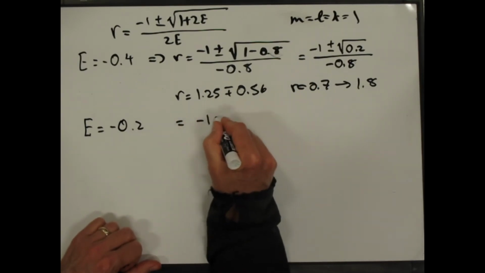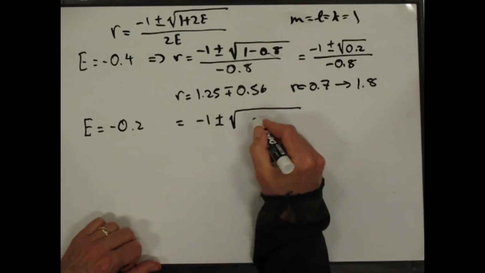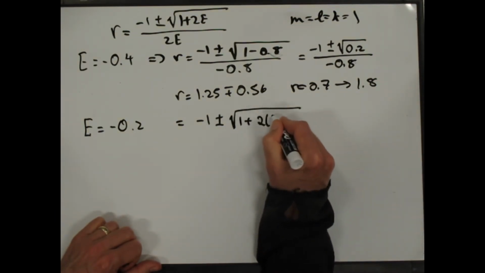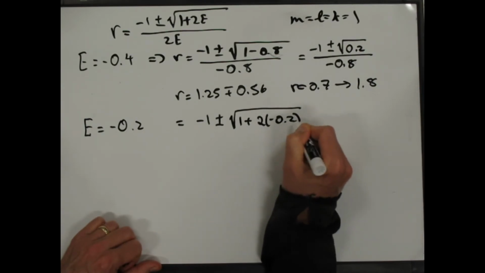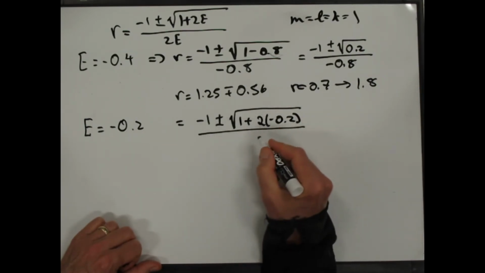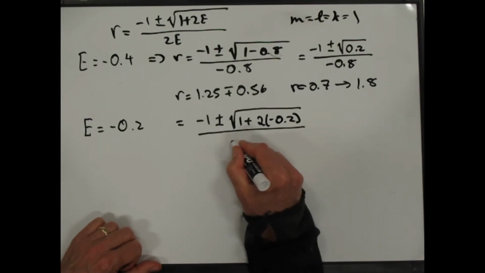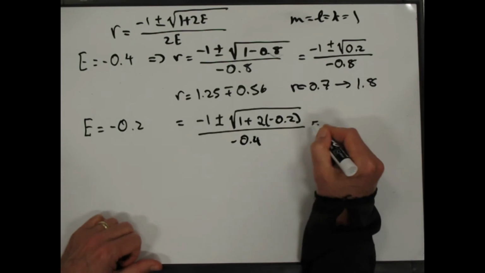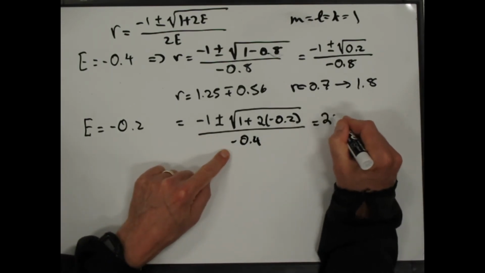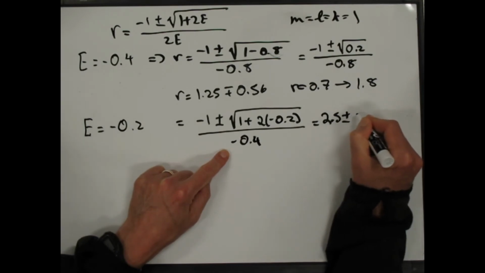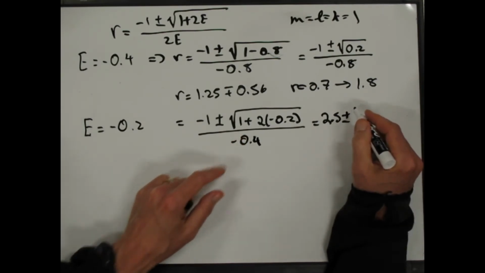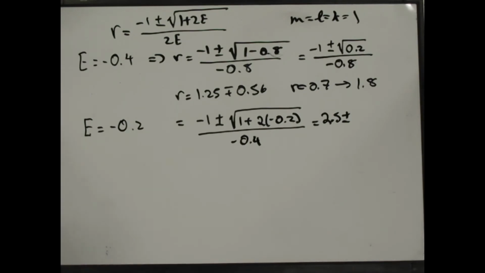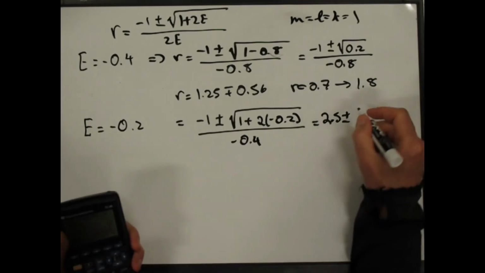That's equal to minus 1 plus or minus the square root of 1 plus 2 times e, which is negative 0.2, over 2e, which is minus 0.4, and so that's 2.5 plus or minus the square root of 0.6, which is about 0.75.